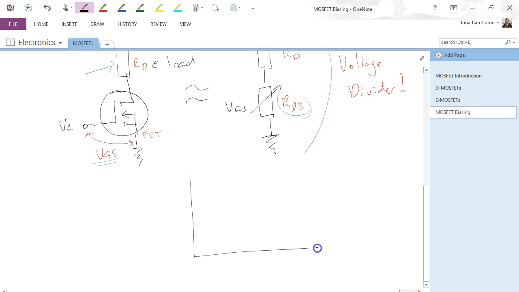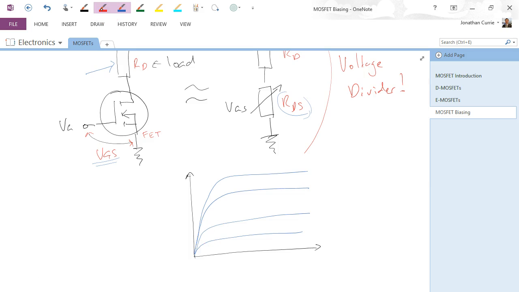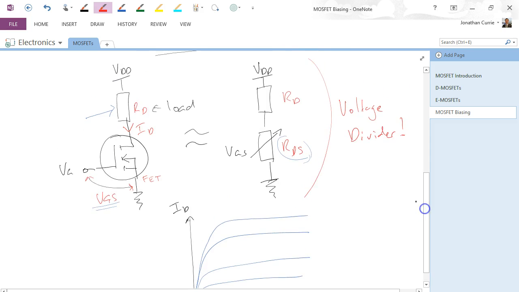So if we draw our drain curves again, which look something like that, we can now draw our load line on this. So VDS versus ID. The current flowing through the drain will be there.